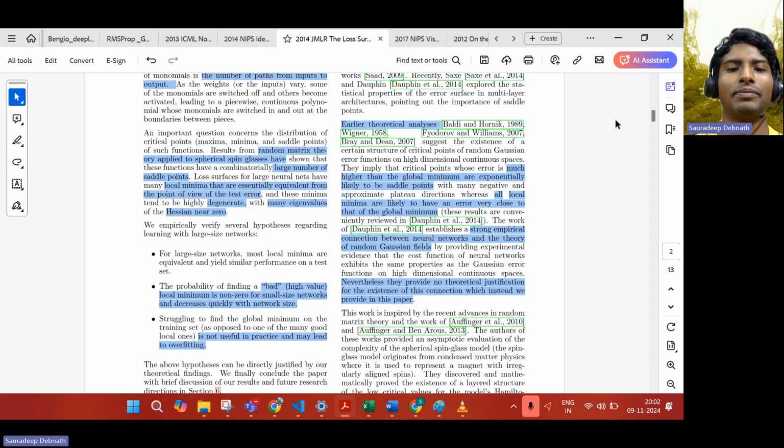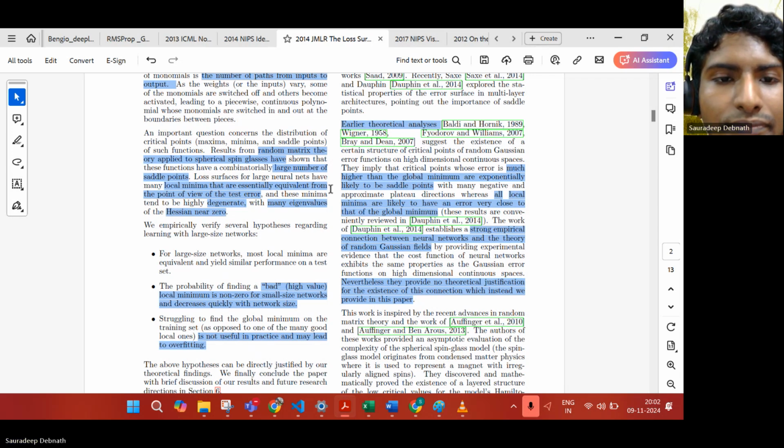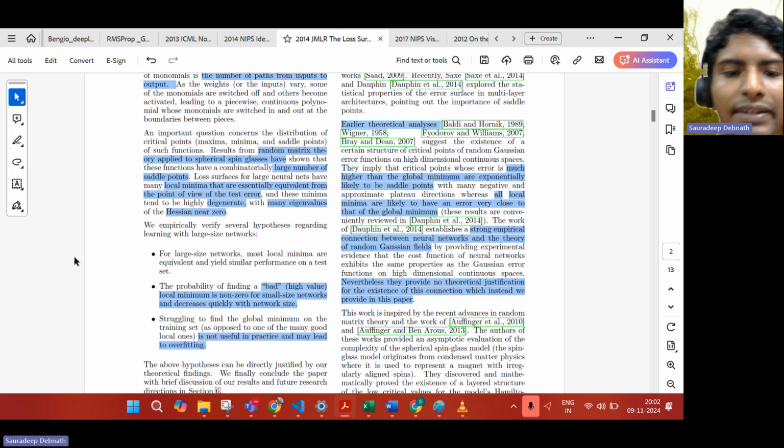At least some local minima are good. And they also mentioned that finding a global minimum just leads to overfitting itself. So one takeaway from here: we're fine with local minima. At least many of them are very good local minima.